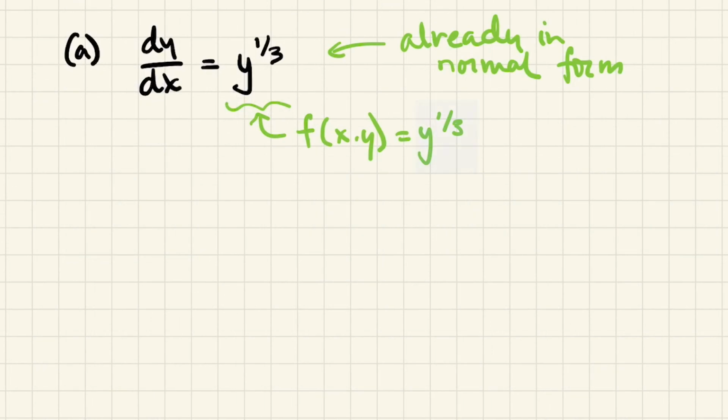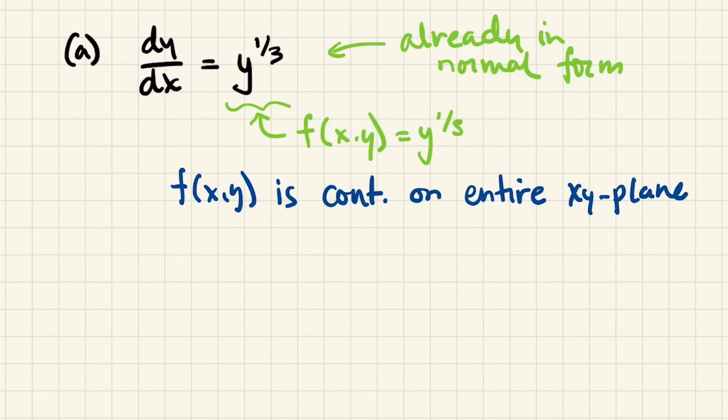Now this one is continuous. There's no problem there. So f of x, y is continuous on the entire xy plane. Symbolically, by the way, the xy plane is like the real numbers squared.